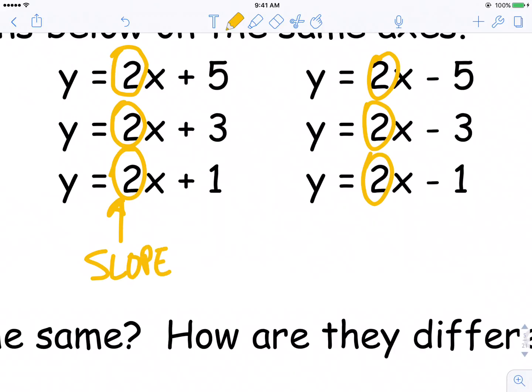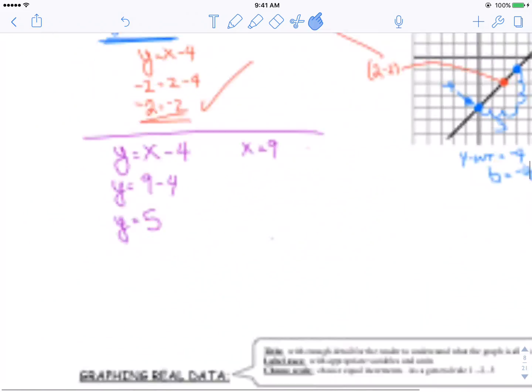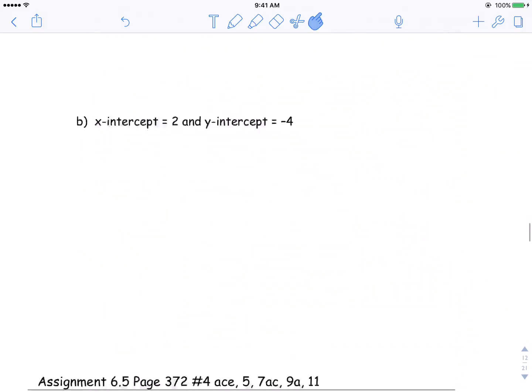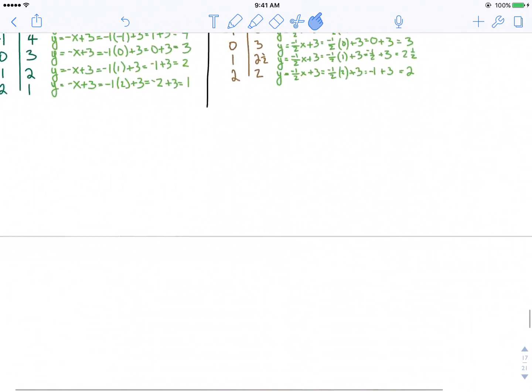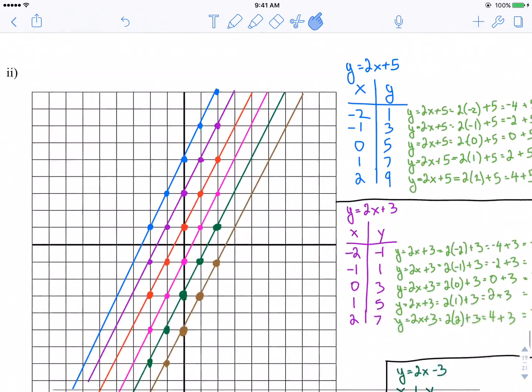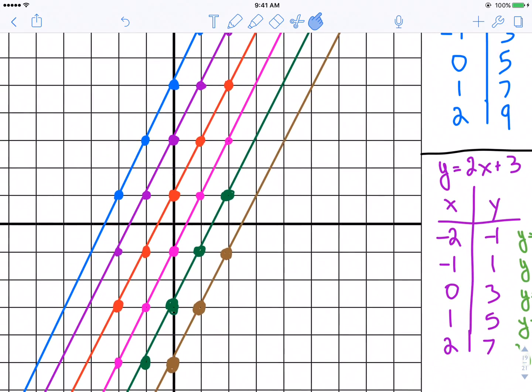What was different about all of those graphs in that second set? Well, they all cross the y-axis. Let me go back and have a quick look. They all cross the y-axis at different places. There it is. See how they all cross the y-axis at different places.